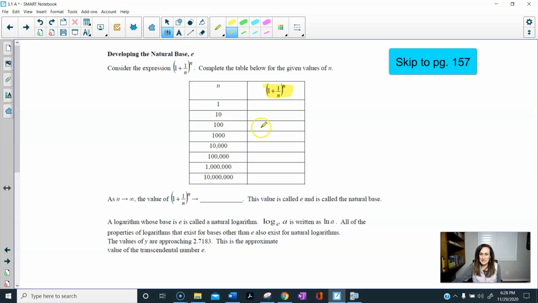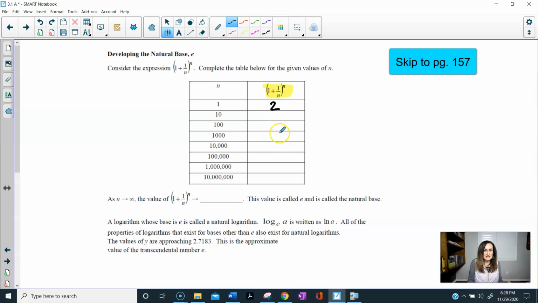Then you can plug these numbers in, and you can see that as n gets larger and larger, the output is going to approach e. So when you plug in 1, your output is a 2.